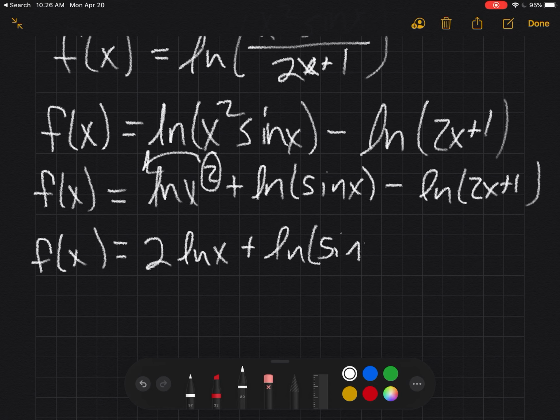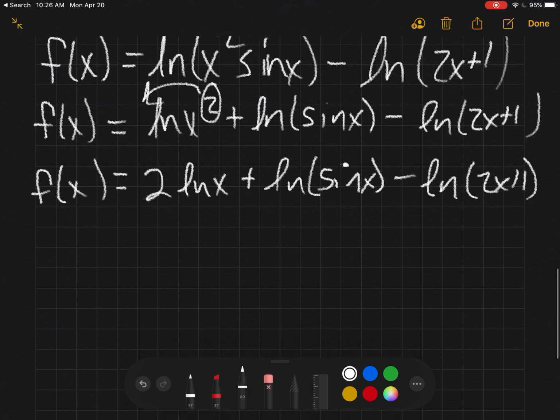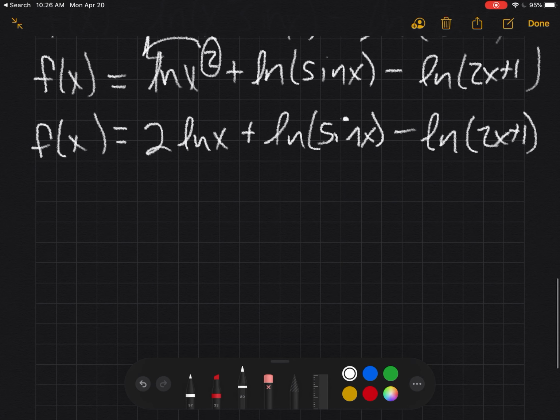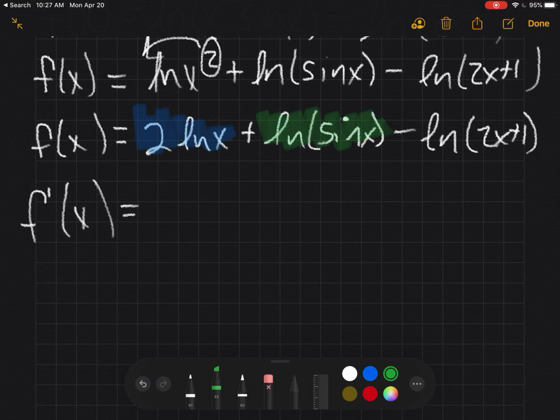So we get ln of x squared, plus ln of sine x, minus ln of 2x plus 1. And I can use my exponent law to bring the exponent down. So now f of x is equal to 2 ln x plus ln of sine x minus ln of 2x plus 1. Now I still have to use the chain rule here, but I'm done with the quotient rule and the product rule. I have some nicer derivatives to take.